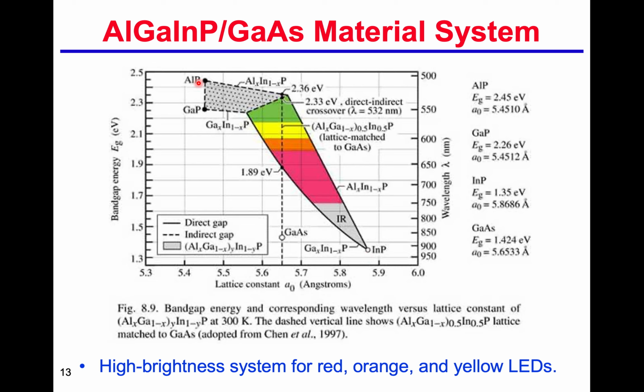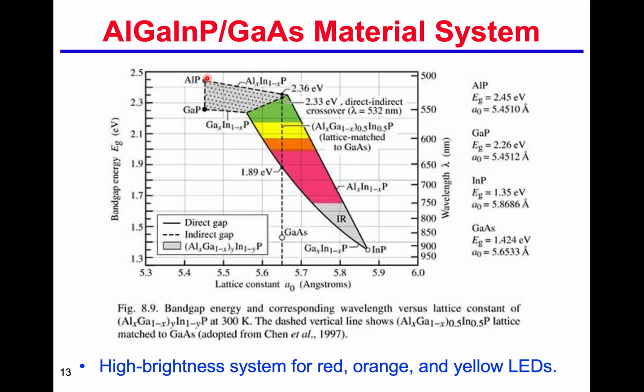And for aluminum phosphide and gallium phosphide here, they have a much smaller lattice constant and wider band gap. Think about the periodic table.